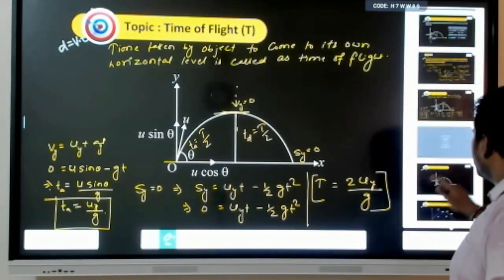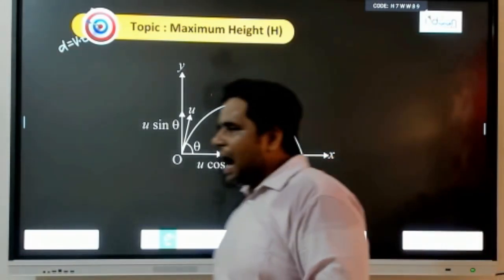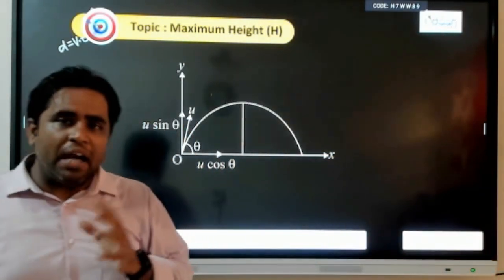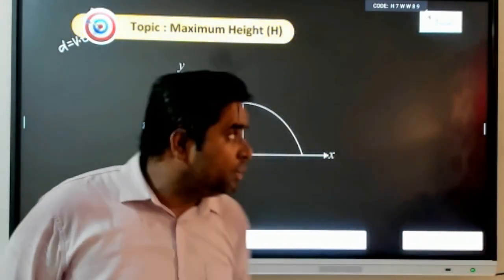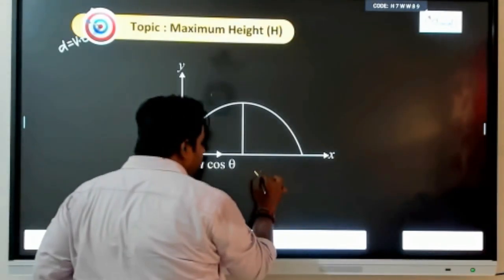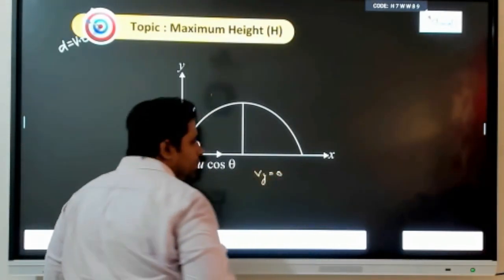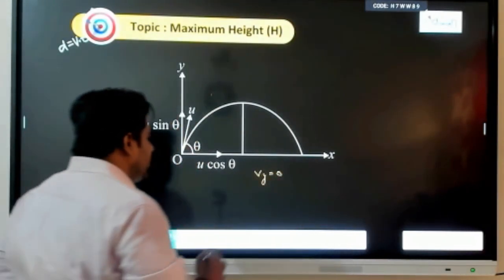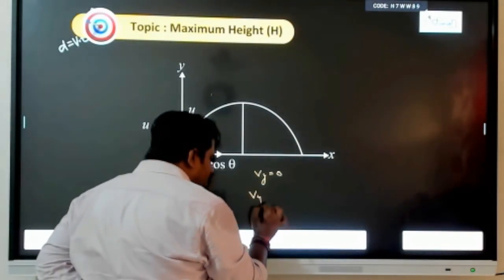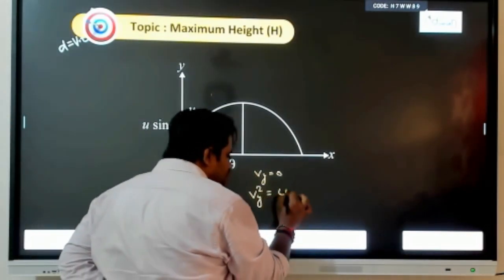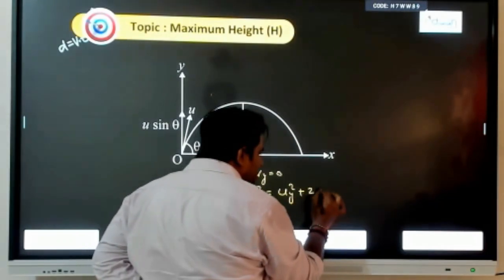Again, if I am talking about maximum height, what have I said? At maximum height, Vy is going to be 0. So if Vy is equal to 0, you know the condition Vy square is equal to Uy square plus 2Ay Sy.